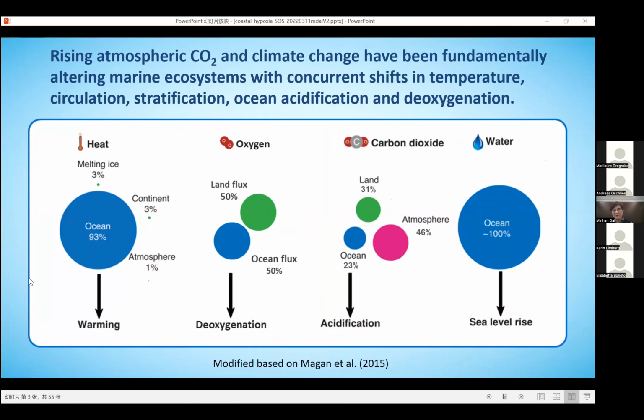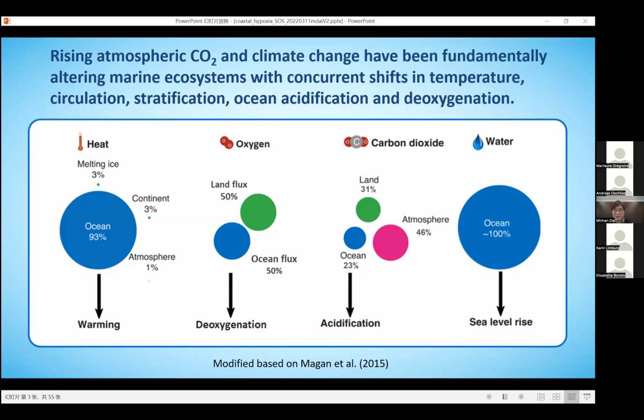A big context: we're talking about oxygen or ocean acidification. Of course, we are looking at rising atmospheric CO2 and warming that have been fundamentally altering the marine ecosystem. You see shifting temperature, warming, circulation, stratification, ocean acidification, deoxygenation.